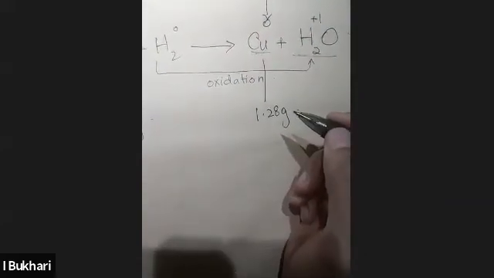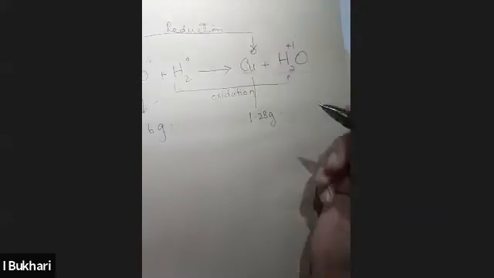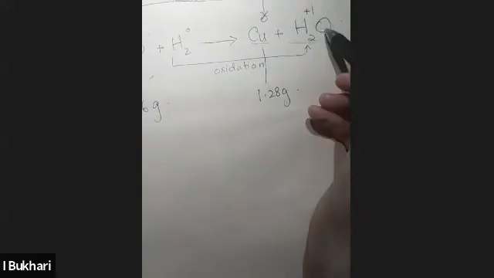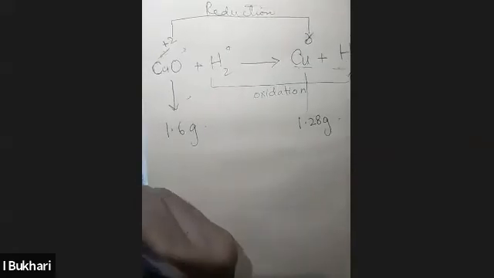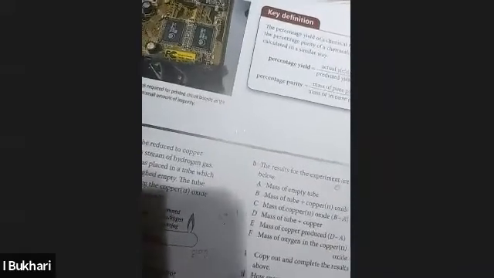And then the mass of oxygen in the copper oxide. How did we calculate it? How did we do this? I forgot. Do you remember? Okay, I totally forgot. Does anybody remember the mass of oxygen in the copper oxide?